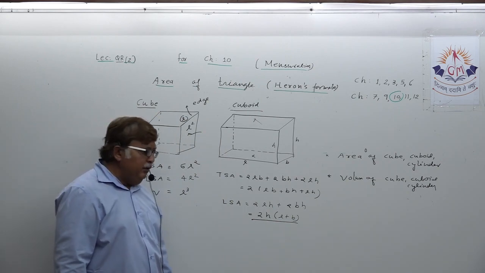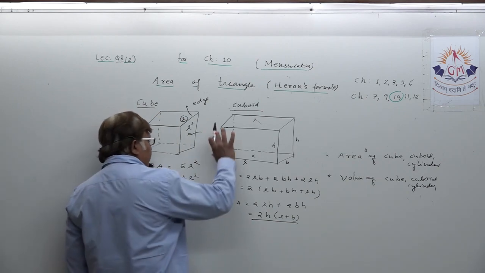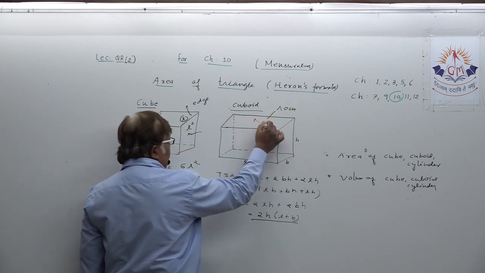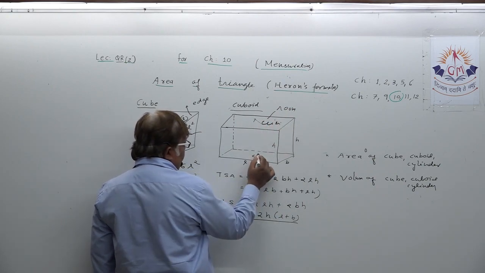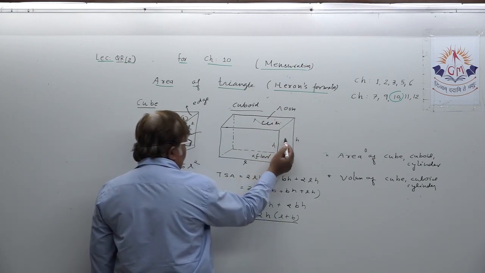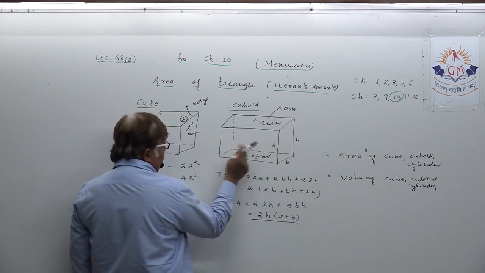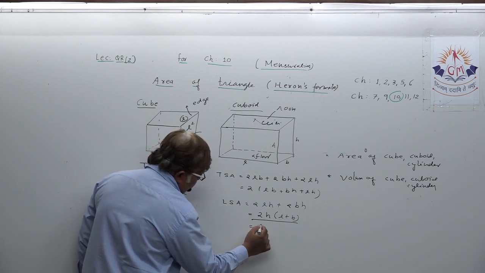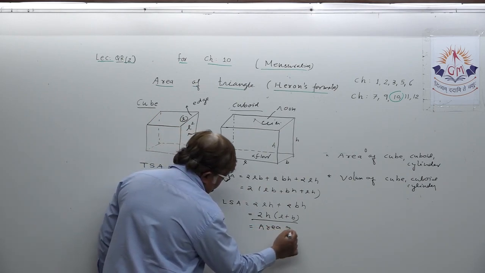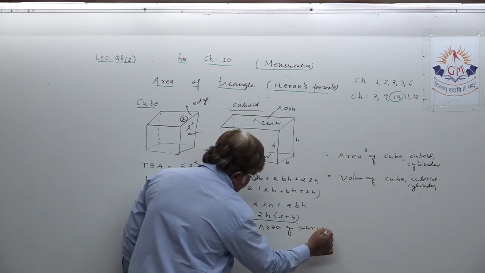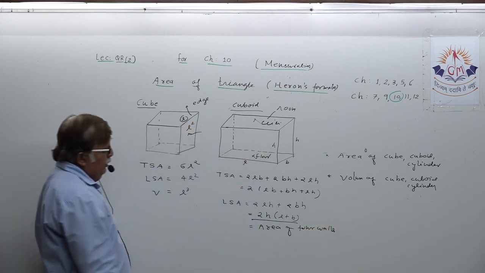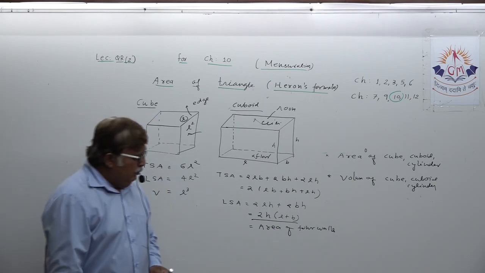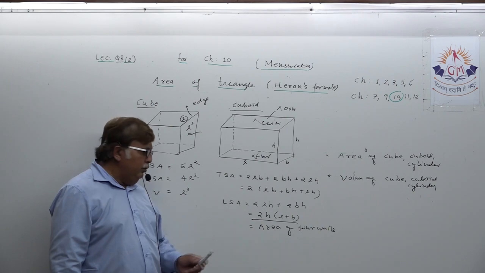But at the same time, dear student, remember suppose you think of this as a room. So this is ceiling of the room and this is floor of the room. So when you are finding this area, lateral surface, front, back and two sides, that can also be considered as area of four walls of a room. You should remember few examples which we have solved: find area of four walls of a room.